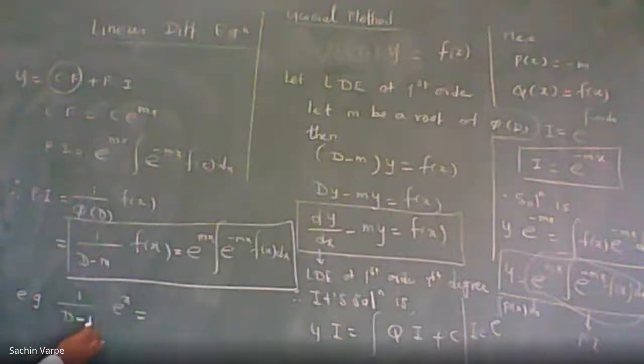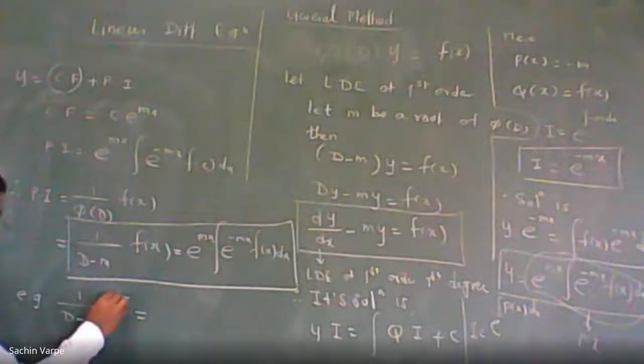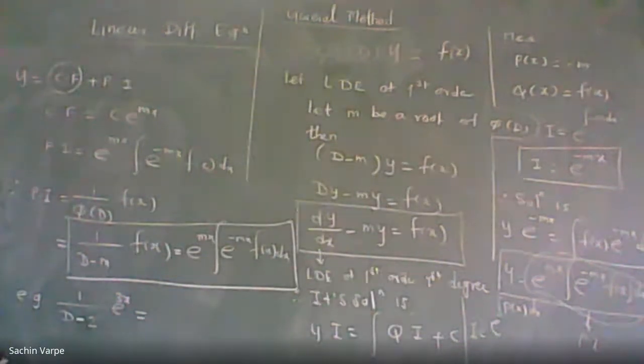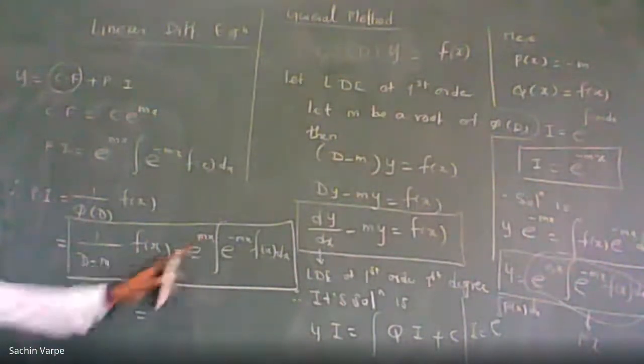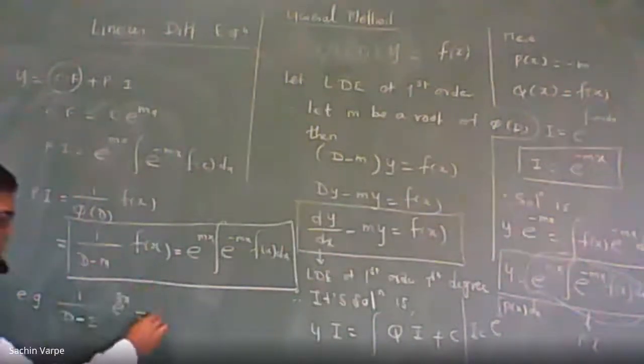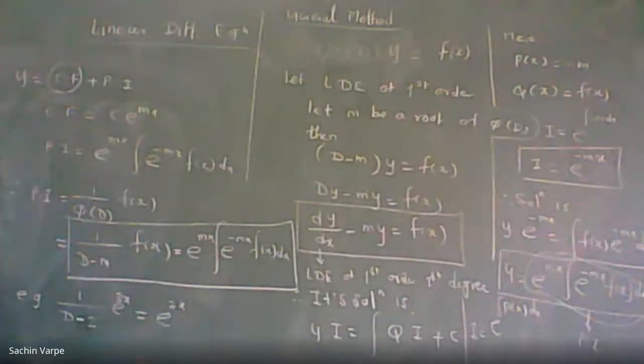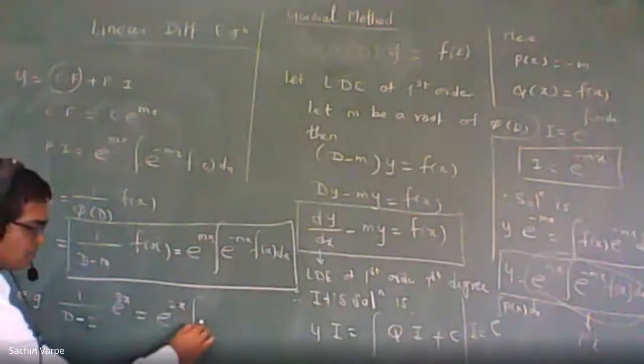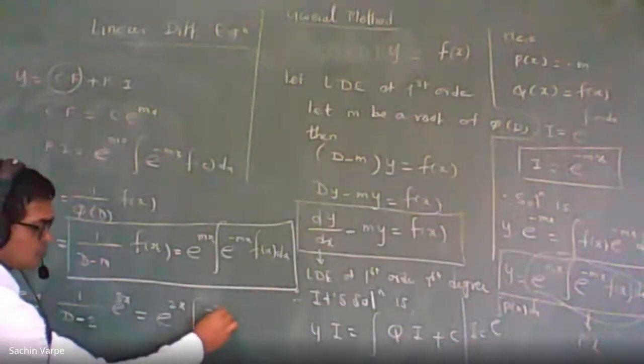Let me take it as 2 here, so that you will not be confused with the integration, and let me take 3 also. What is the m here? m is 2. So with the formula, it is e raised to 2x, integration of e raised to minus 2x. Is it okay?